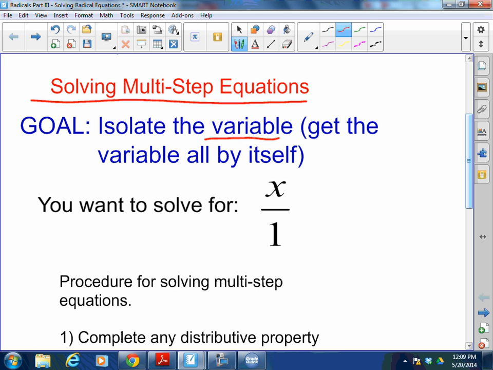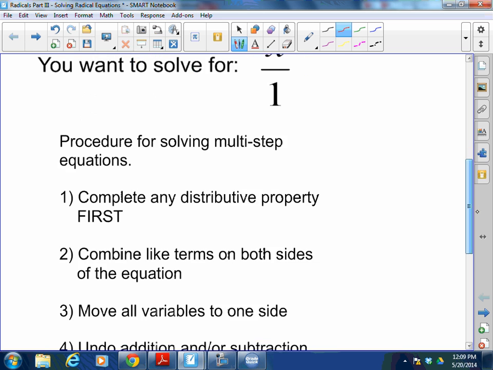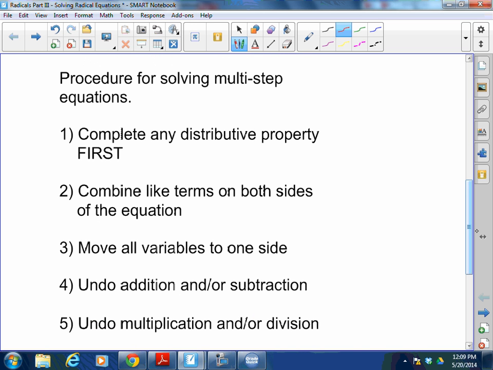Procedure for multi-step equations. Let's just remind you. First, complete any distributive property first. So if you have a distributive property, go ahead and multiply it out. Number 2, combine like terms on both sides of the equation, if applicable. 3, move all the variables to one side. That means you want to get all the variables together on one side.